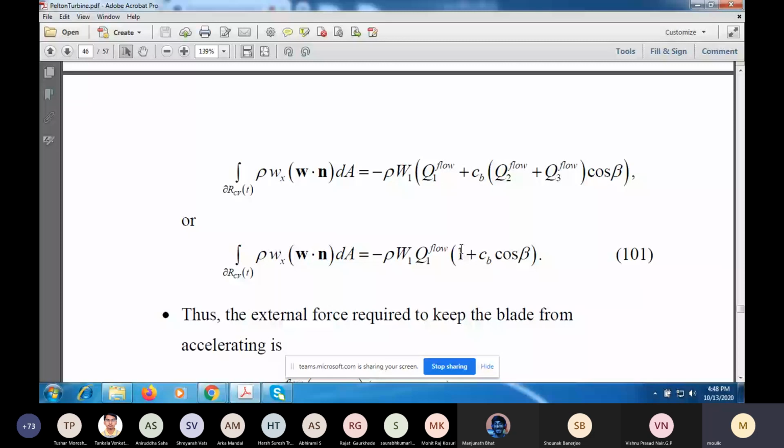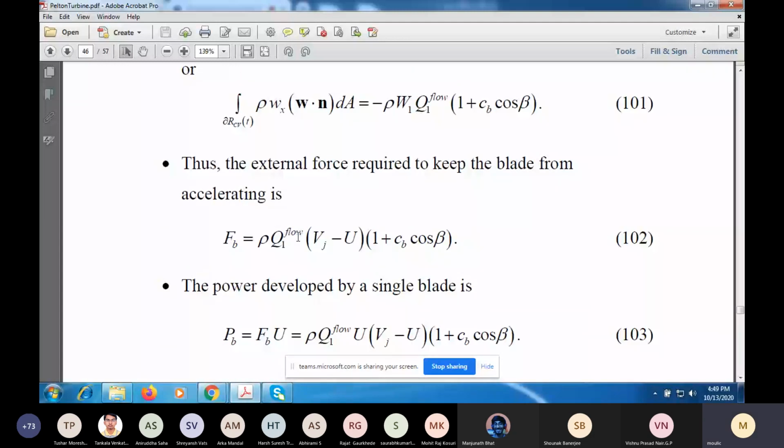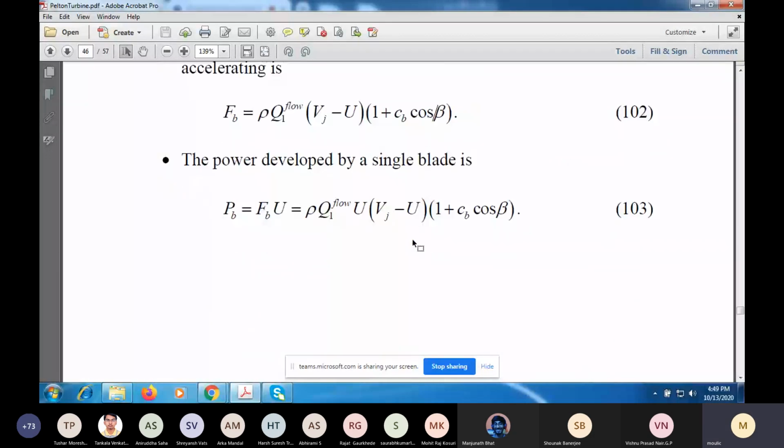So the external force which is required to keep the blade from accelerating will be given by a slightly modified expression: the mass flow rate into the control volume, which is rho times Q1, I put a subscript to distinguish Q from the heat, into Vj minus U into 1 plus Cb cos beta. So then the power developed by a single blade will be of this form.